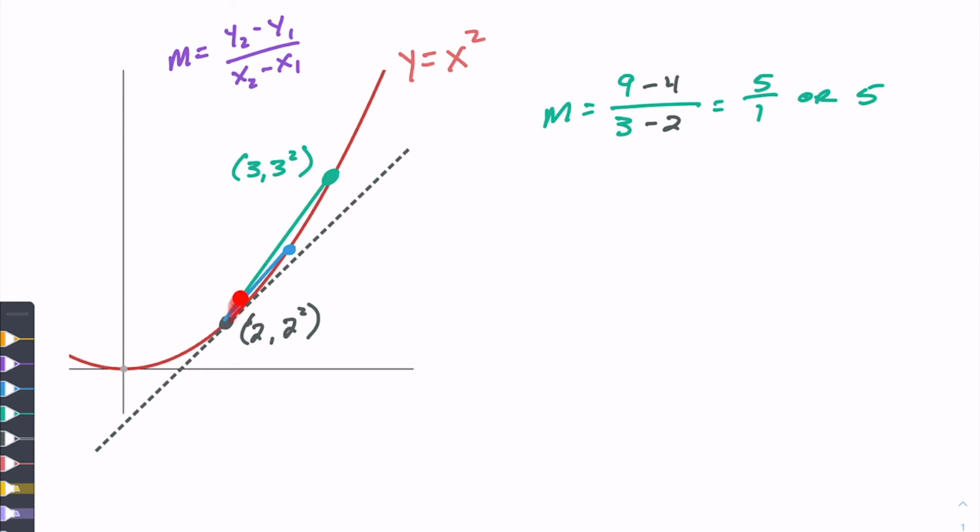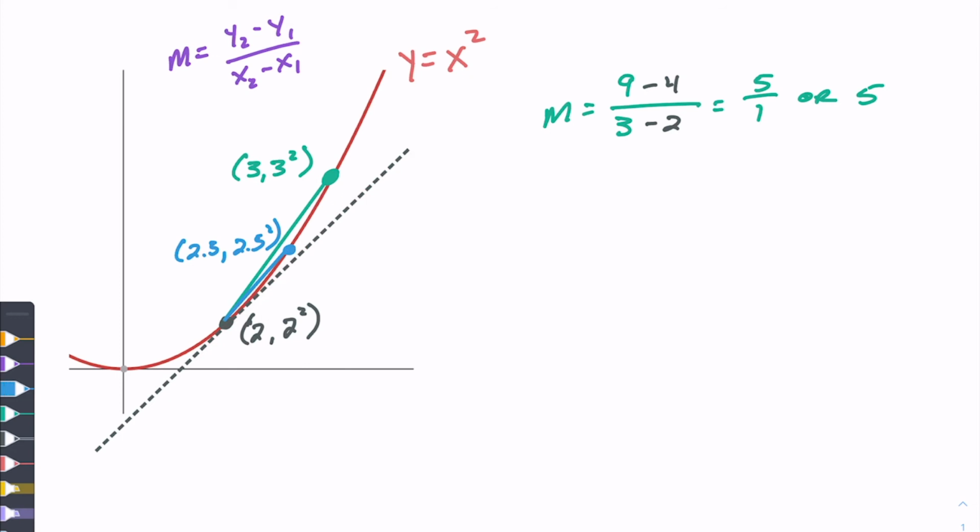So that's a good calculation of this slope, but it's not telling us what this one is. So maybe we come a little bit closer. Maybe we call this the blue point, maybe this is 2.5 and 2.5 squared. We're going to get a little bit closer to the value of the slope of the black line, but we're not necessarily going to be right on it.